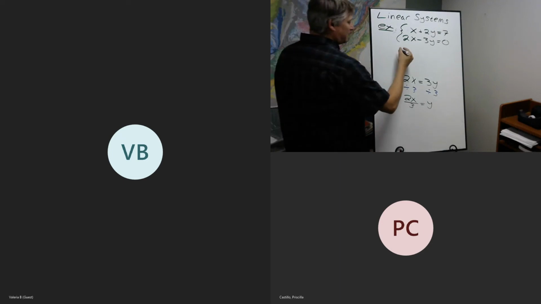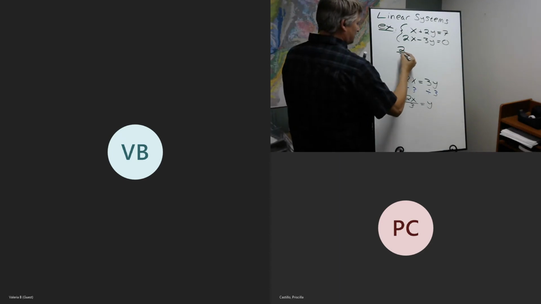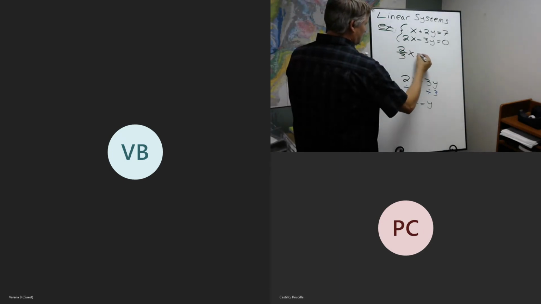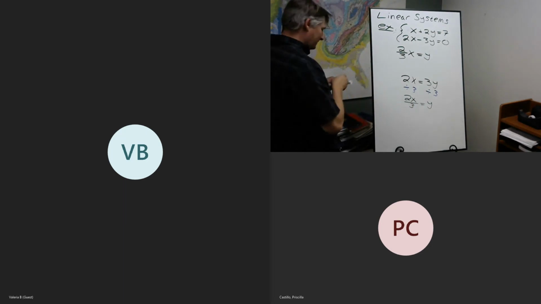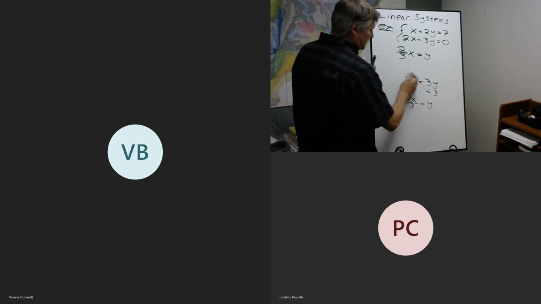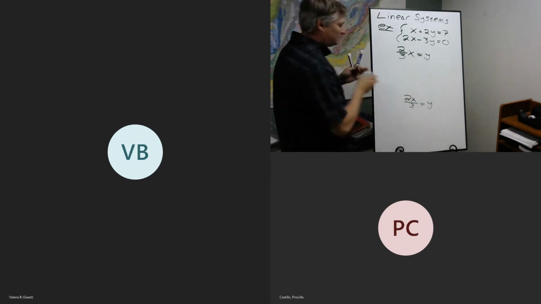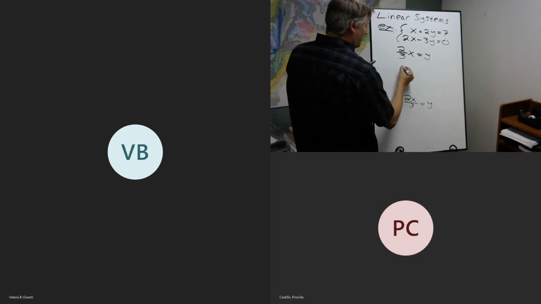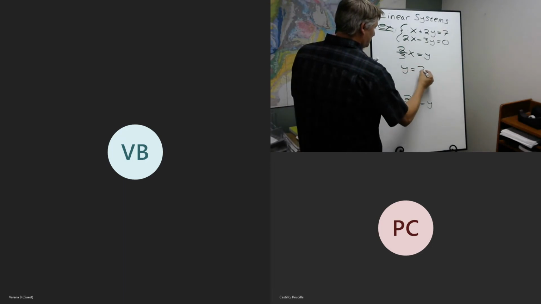Or we would typically write this as 2/3 x equals y. Or using the symmetry property, we can write y is 2/3 x.